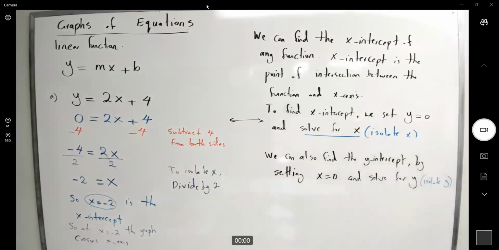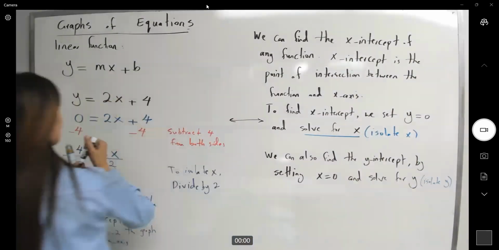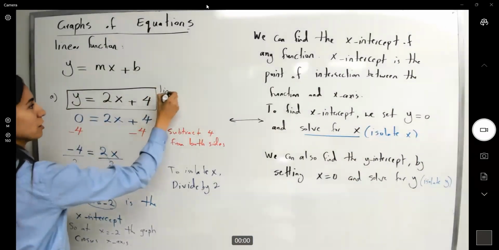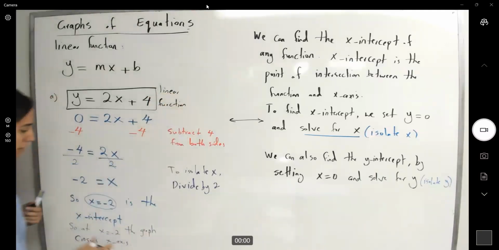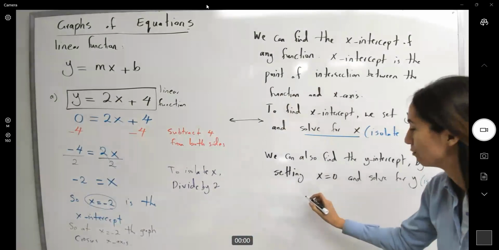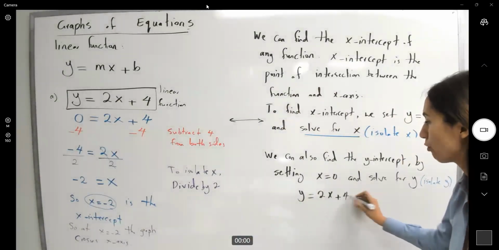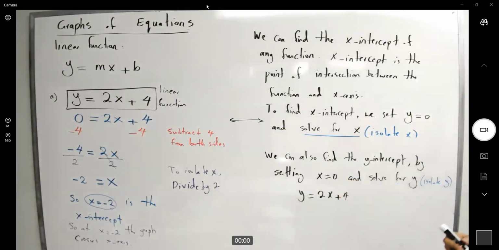Very good. So we are working with this linear function. I already found the x-intercept. Well, I'm going to find the y-intercept as well. Since y is equal to 2x plus 4, I simply need to set x equal to 0.